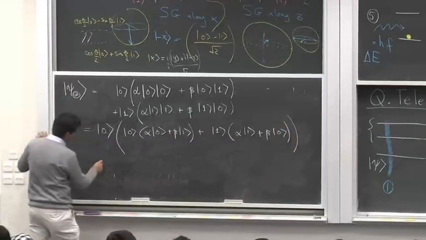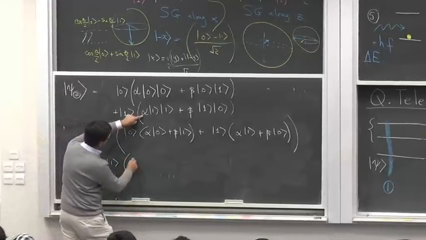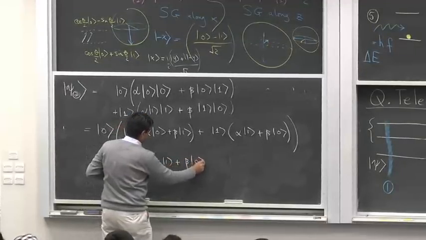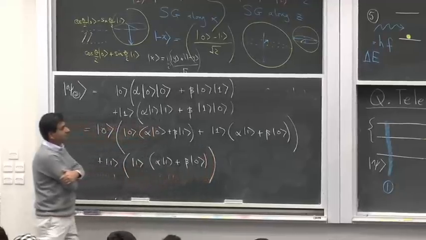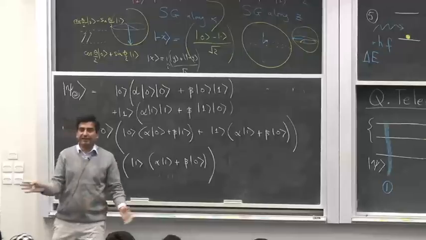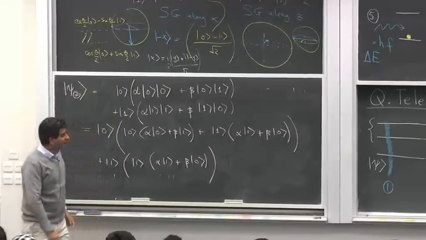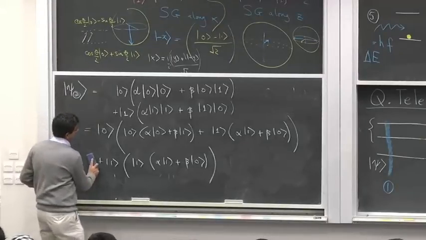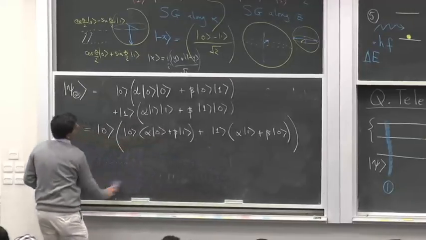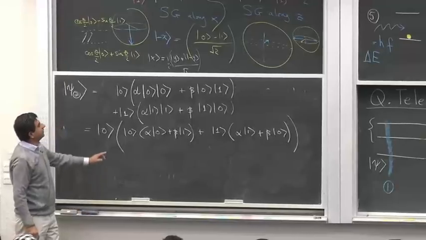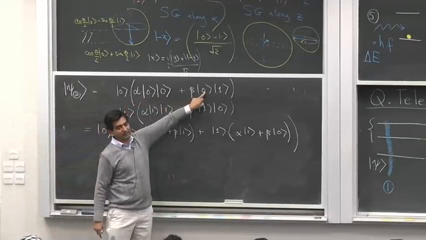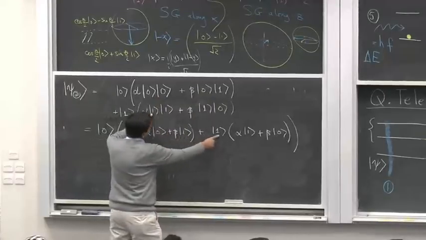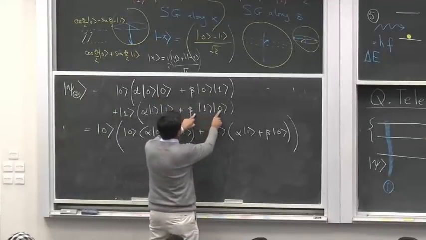Then I get this ket 1 on the first qubit, ket 1 alpha 1 plus beta 0. Now these alphas and betas can take a free ride. They can move with any qubit whatsoever. So this is my state. What I've done over here is just taken this ket 0 as common. The second and third is 0 plus 1 with alpha and beta. Here I've taken 1 as common, 1 alpha 1 plus beta 0.